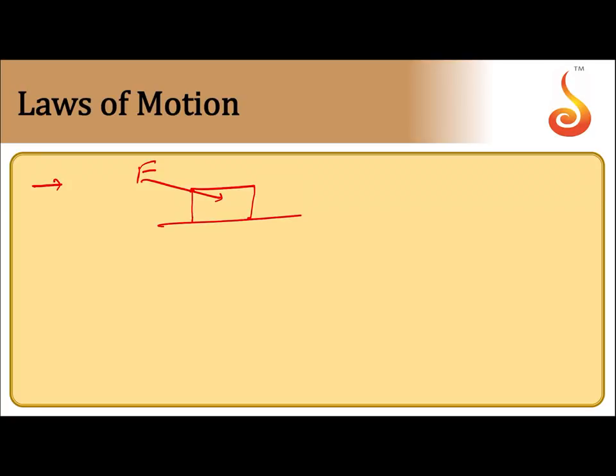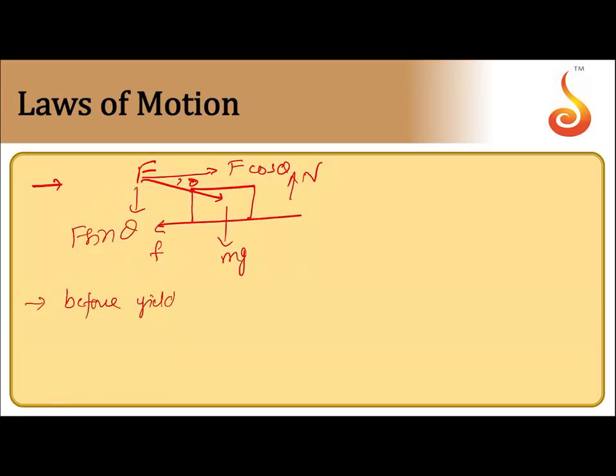This angle is theta. I have F cos theta here, I have F sin theta here, and mg here, and of course n here, and force of friction is along this direction. And remember, if the object is considered before yielding, that means about to move, then force of friction is equal to F cos theta.